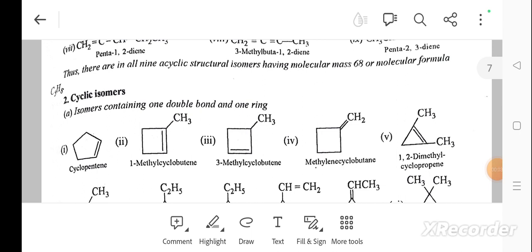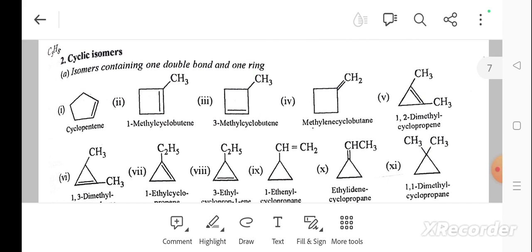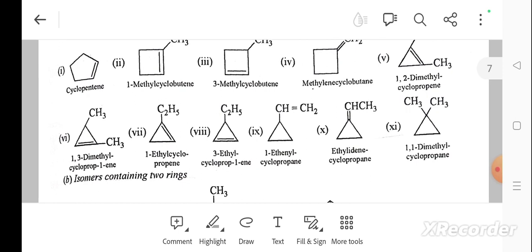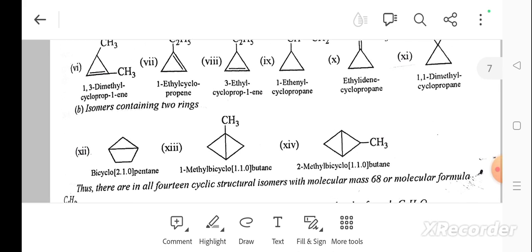Second, cyclic isomers. Isomers containing one double bond and one ring. For example, cyclopentene, 1-methylcyclobutene, 3-methylcyclobutene, methylethylcyclobutane, 1,2-dimethylcyclopropane, 1,3-dimethylcyclopropene, 1-ethoxycyclopropane, 3-ethoxycyclopropene, 1-ethylcyclopropene.